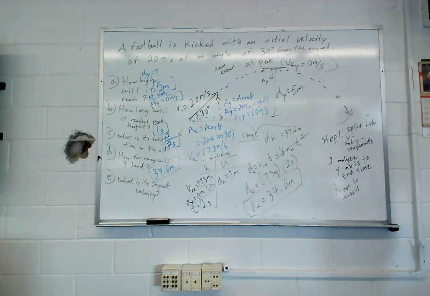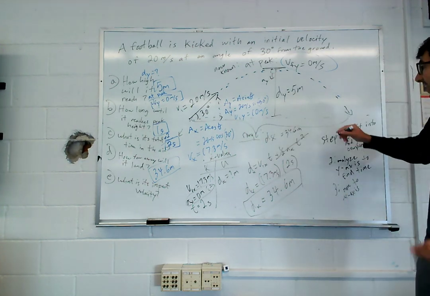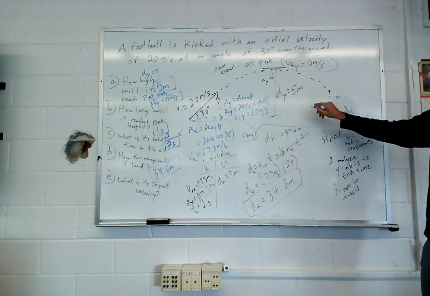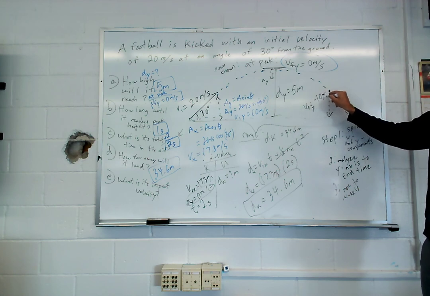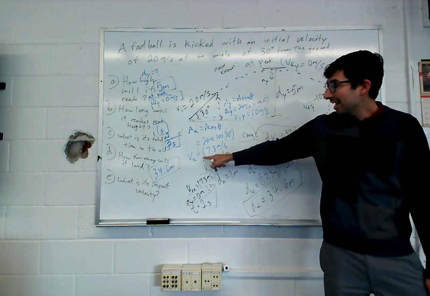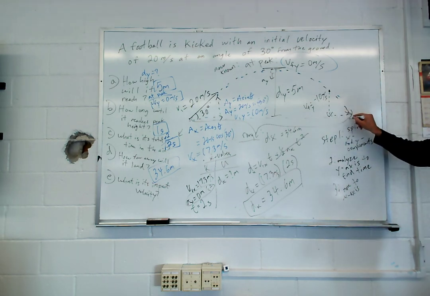Last question, what is its impact velocity? This is a bit tricky. Here's what you want to realize. The VIY up, that 10 meters per second, is going to be equal and opposite to the VFY down. The VFY would be negative 10 meters per second, because now it's downwards. What about the VIX? Was there acceleration on the x-axis? No. So the VFX is still 17.3 meters per second.